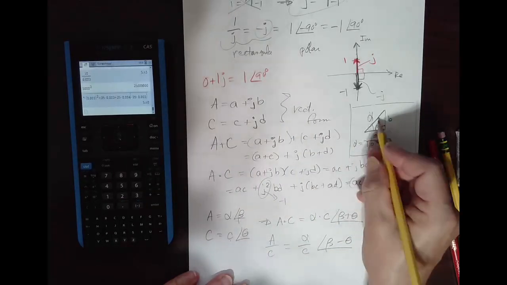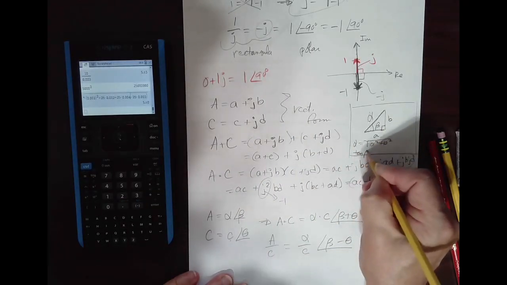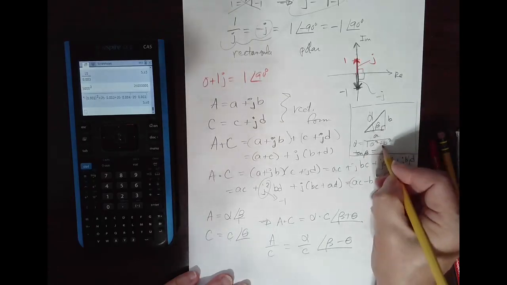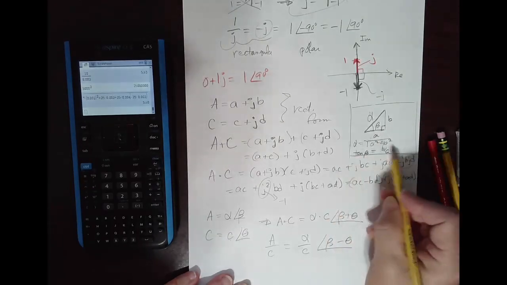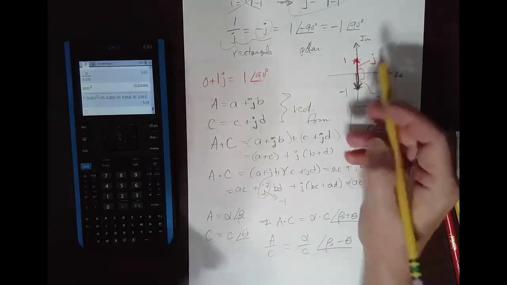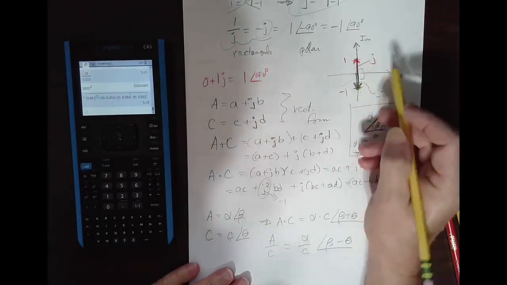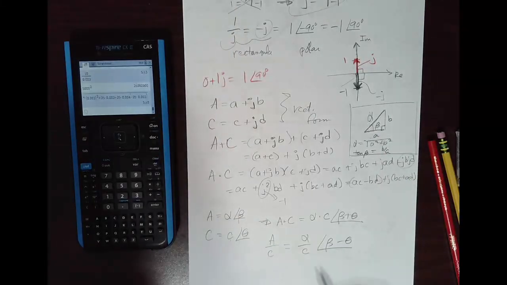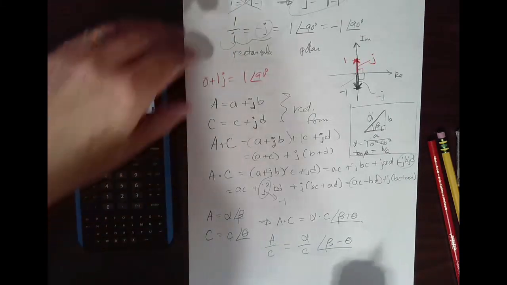To get beta, tangent beta equals opposite over adjacent, B over A, so beta is inverse tangent B over A. If you have them in different quadrants, then you've got to watch the angles and take care of that.